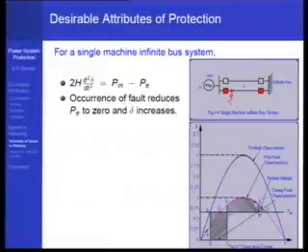Beyond this, what happens? The deceleration starts because PE is still greater than PM, and now the omega goes below the normal speed, and the machine angle keeps on retarding until it crosses this particular point, where the acceleration starts.